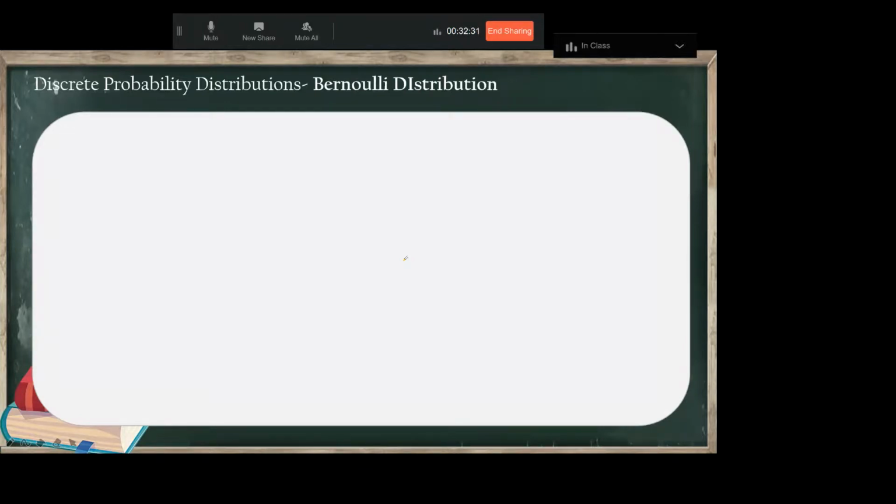Let's talk about a Bernoulli distribution. What exactly does Bernoulli distribution mean? How do we construct it, and in what kind of situation do we have to use it? It's also known as Bernoulli process.